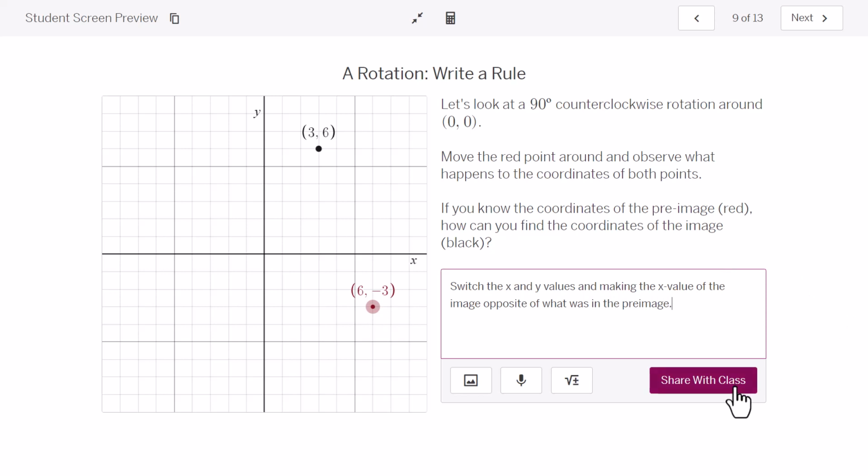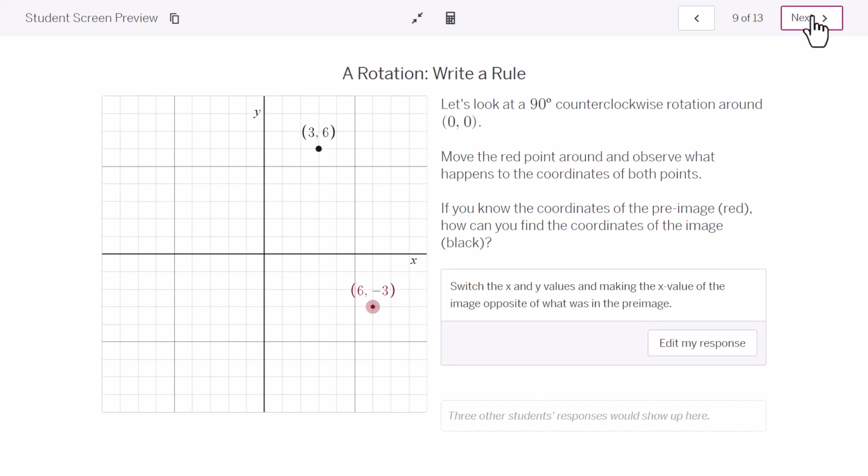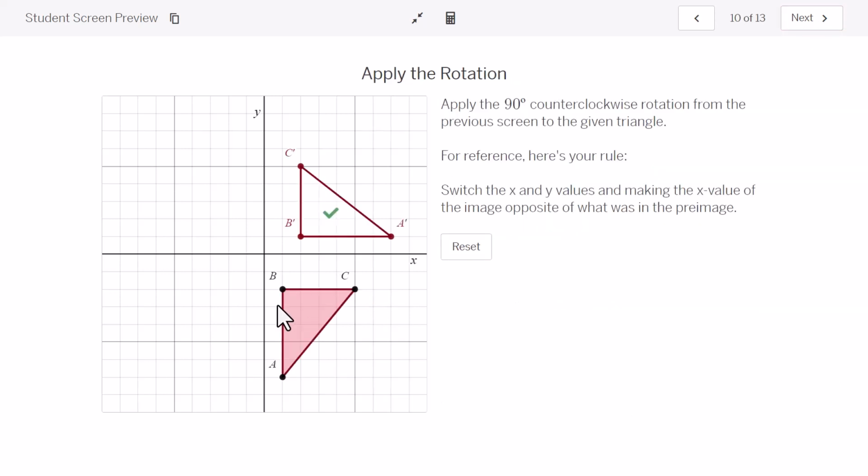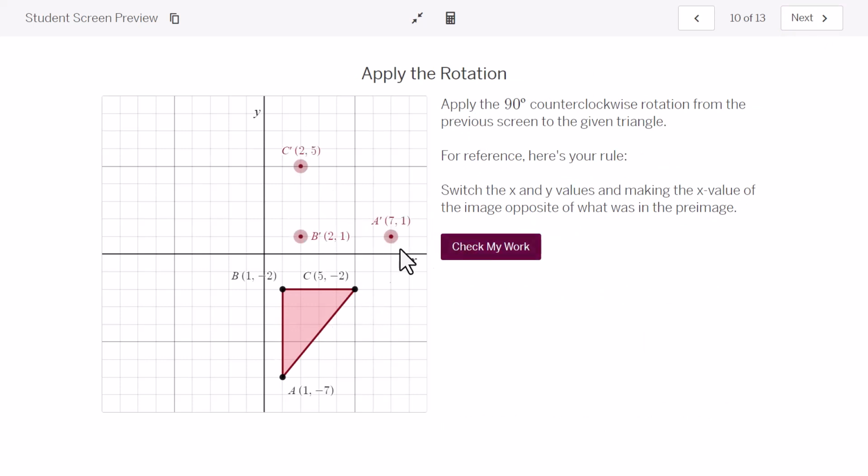All right, so there's my rule, and I'm going to use that in this next slide to apply this rotation. I did this a little bit earlier, so I'm going to reset it. We can move these around a little bit. So for this first coordinate, I'm going to switch x and y. That's what it says.